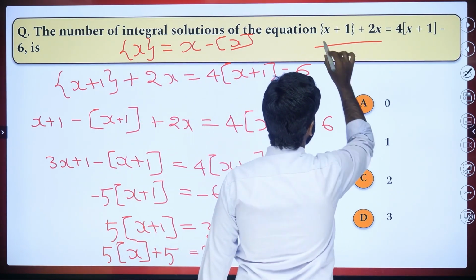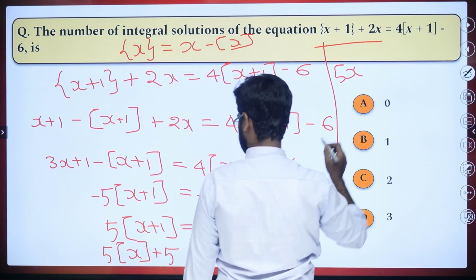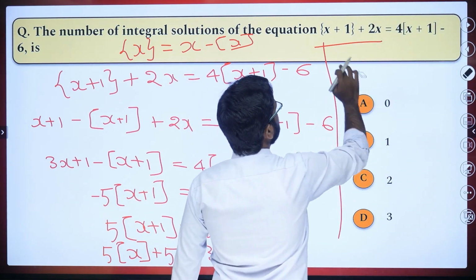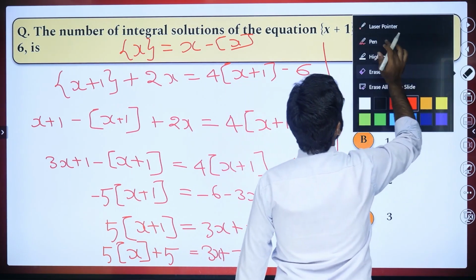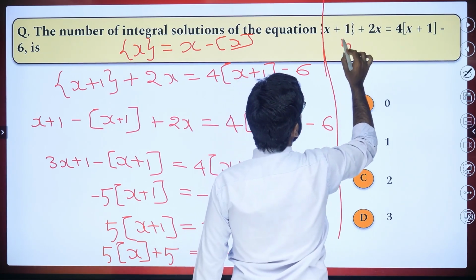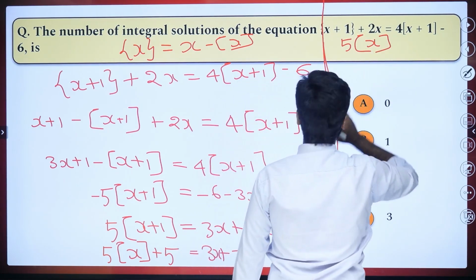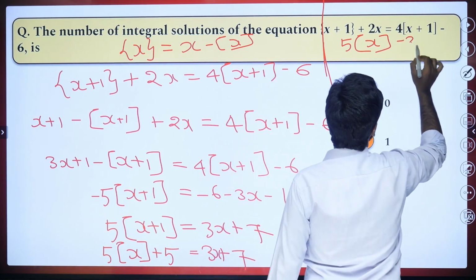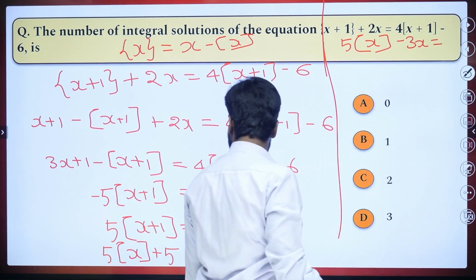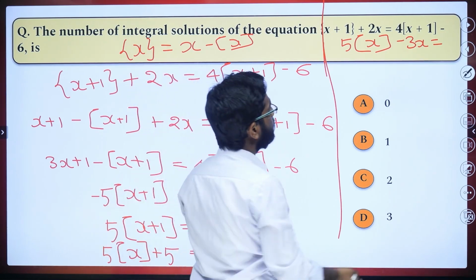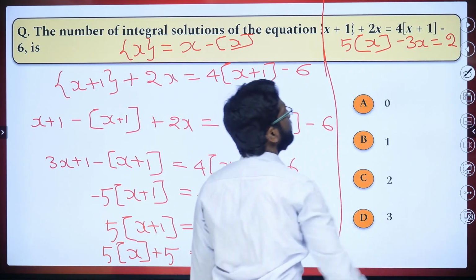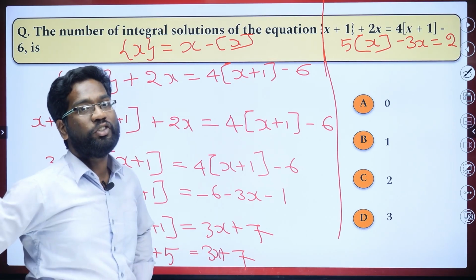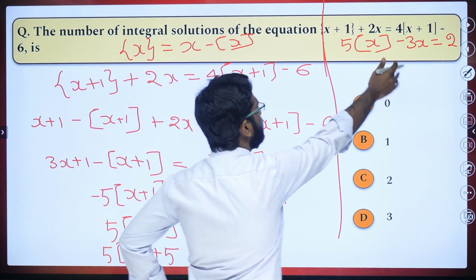So 5, sorry, 5 greatest integer of x minus 3x is equal to 7 minus 5, which is equal to 2, my dear students. Okay. So now you have to think for which value of x you will get the value 2.